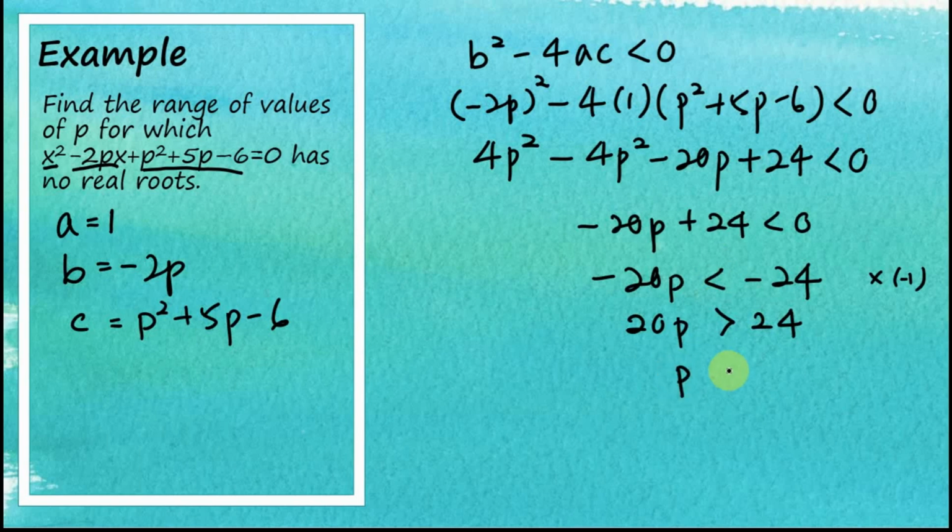So our p is greater than 24 over 20, and simplify this fraction. Our p is greater than 6 over 5. So this is the range of p, because in the question they would like us to find the range of values of p. p is greater than 6 over 5. This is the answer.